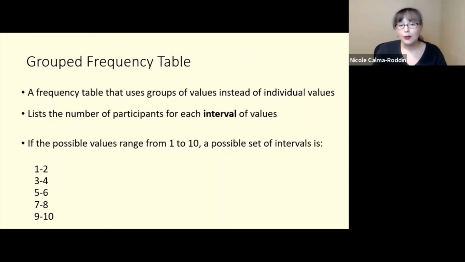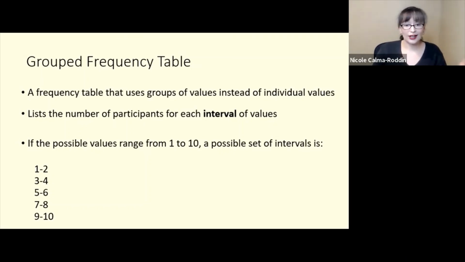Generally speaking, we probably wouldn't use a grouped frequency table if we only had possible values from 1 to 10. We really use a grouped frequency table usually when there are so many possible values that the frequency table would be too long and too cumbersome to be useful. Remember that the entire point of using tables and graphs is that we want to be able to see all this information really quickly and efficiently.